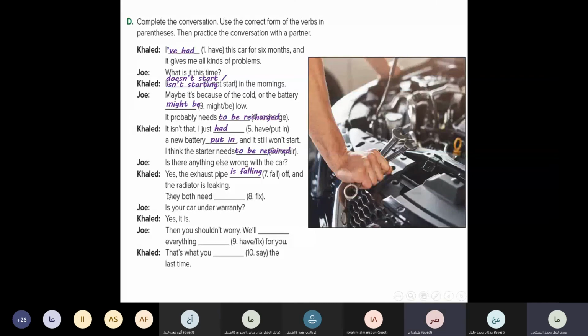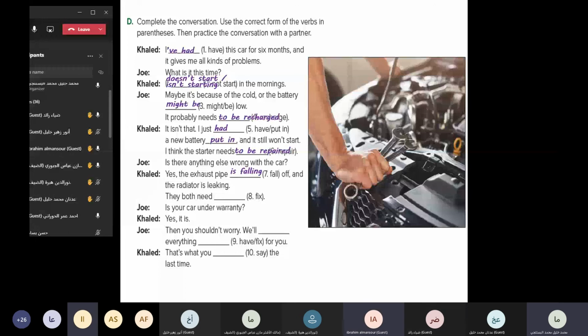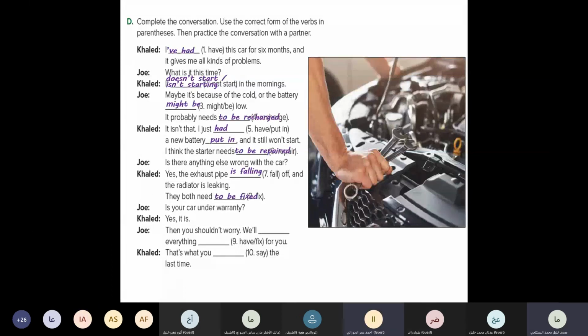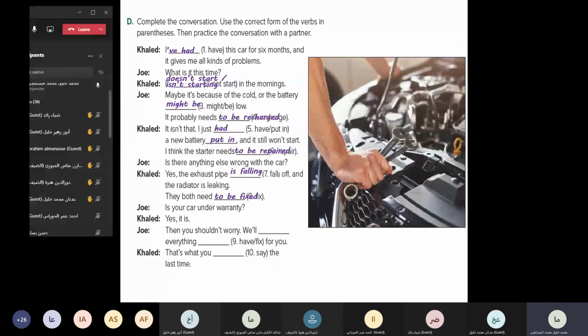Now, what about the last, number 8? Yes, Ahmed Al-Hurani. They both need to be fixed. Good. They both need to be fixed. Who wants to continue? Yes, Nordin. Then you shouldn't worry. We will do everything.